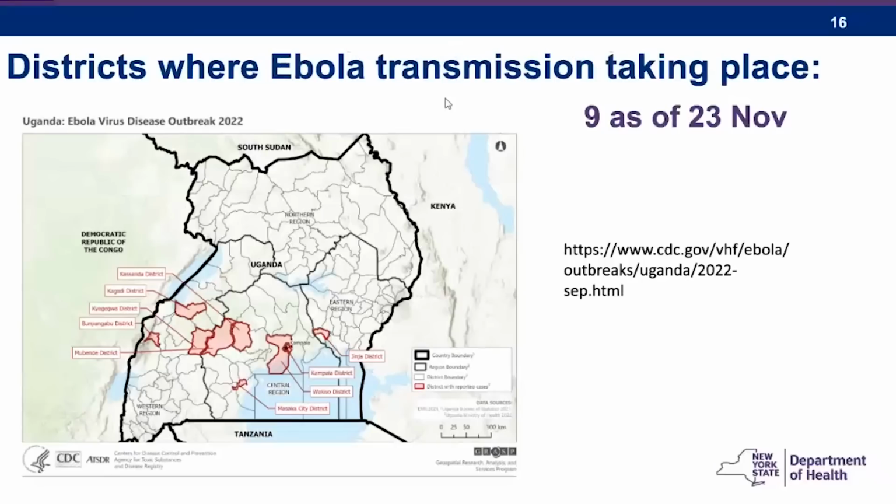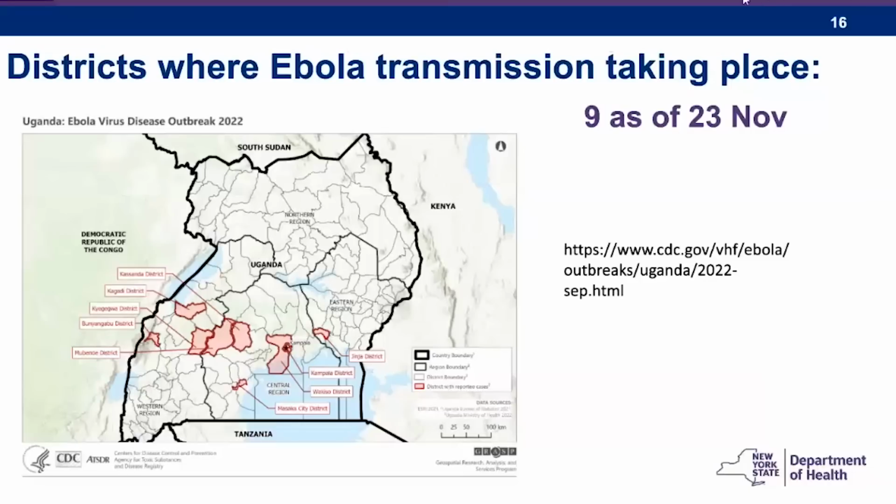These are the districts where we've had Ebola transmission taking place. It's a little bit of a moving target. CDC posts this particular map on their website, which you can see here at the link off to the right. The number of districts where we have had Ebola transmission taking place has changed a little bit over the past several months.